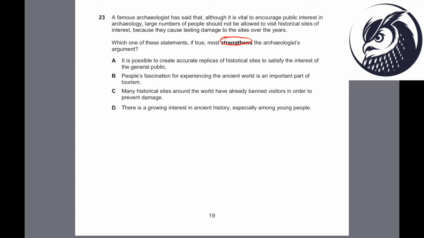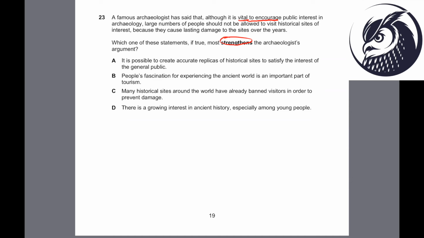So first thing is, let's represent the argument in a little bit of an equation or flowchart. So we know this archaeologist has argued that it is vital to encourage public interest, right? But we can't allow too many people to visit them because they will cause damage, okay?